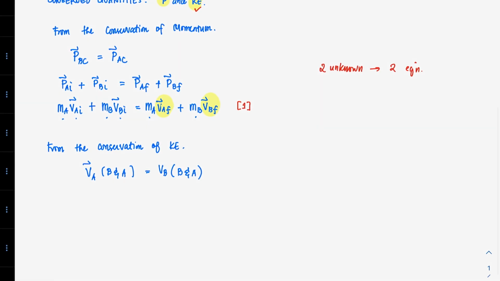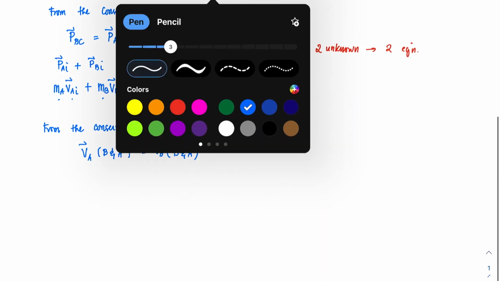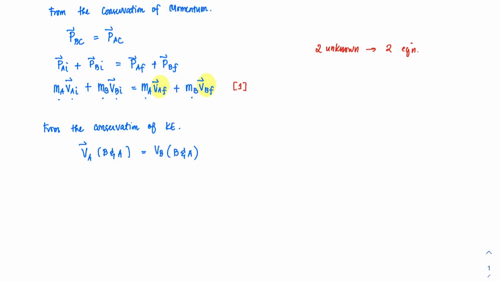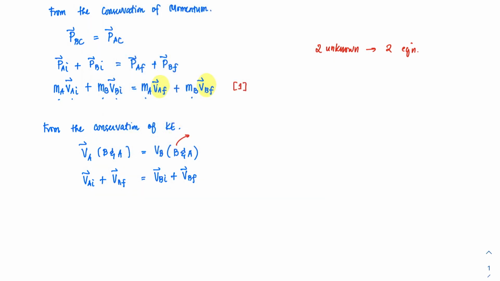So that's why the equation looks slightly different from the conservation of momentum form. So this will look like this: VAI plus VAF is just equal to VBI plus VBF. Where your before in this case is being replaced by initial, and after is replaced by final.